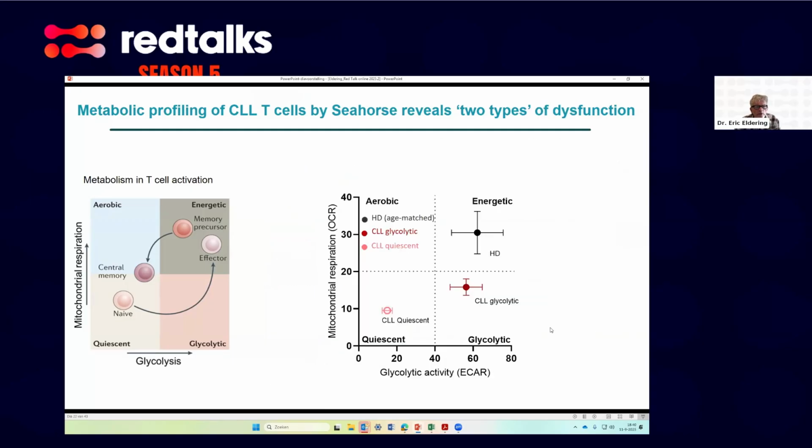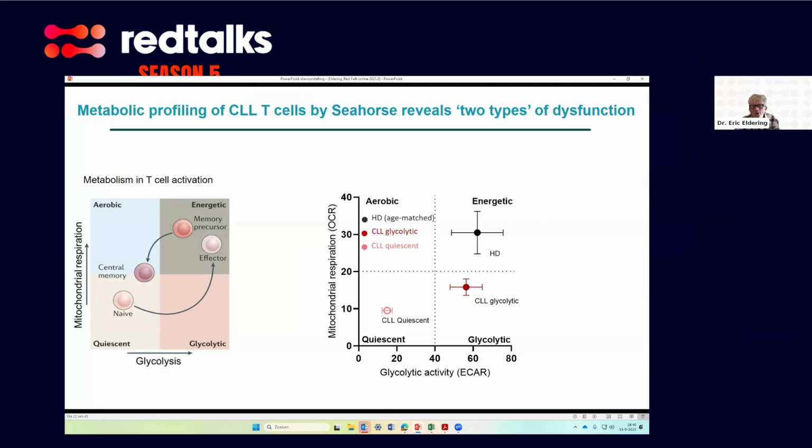And actually, we have two types of dysfunction in the CLL T cells, and that is cells that seem to be stuck in a quiescent state and are not activated at all. There are CLL patients that do show some increase in glycolytic activity, and compared to healthy donors, they make a switch to a combination of glycolysis and oxygen consumption in a 2-day stimulation assay.